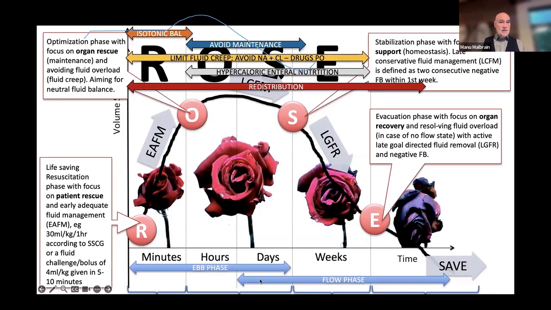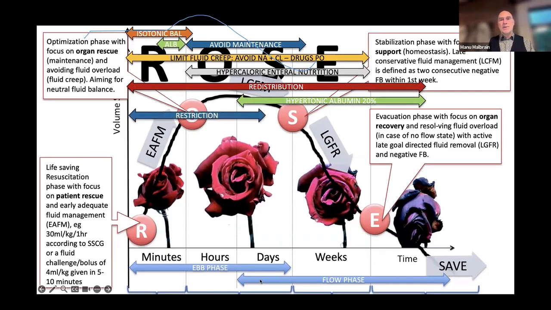Try enteral feeding, hypercaloric feeding. Remember, all fluids are redistributed. Maybe in the later phases we can think about hypertonic solutions, and albumin maybe also after 30 ml per kg have been given to limit further crystalloid resuscitation.